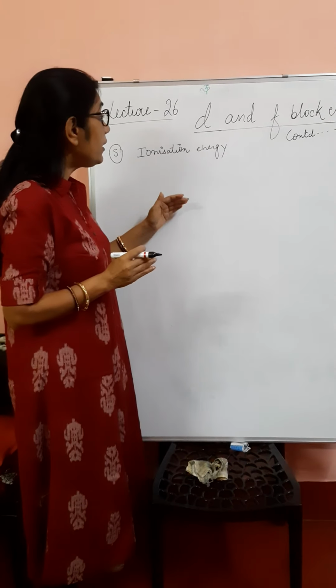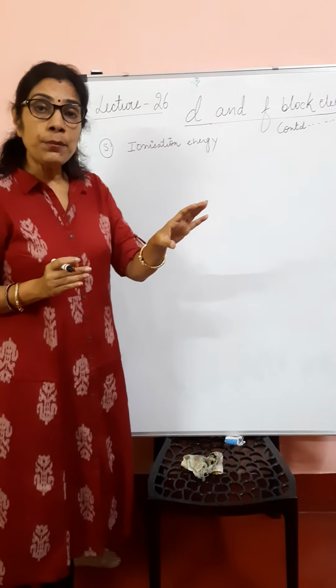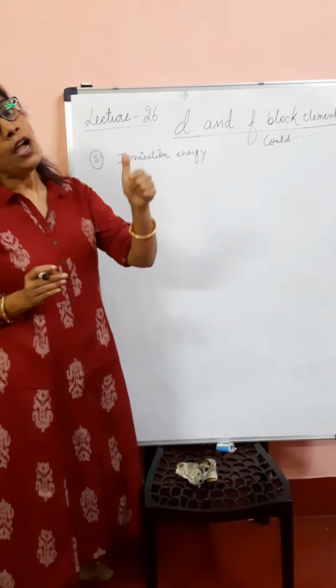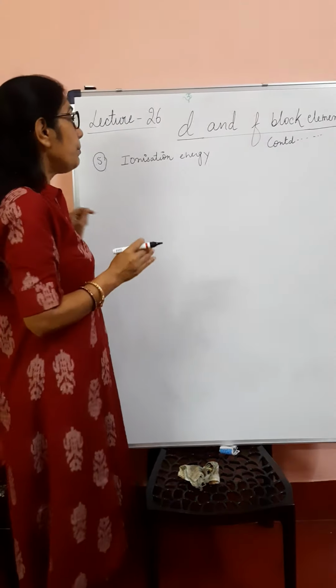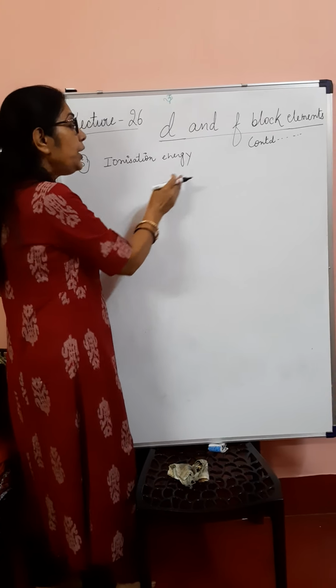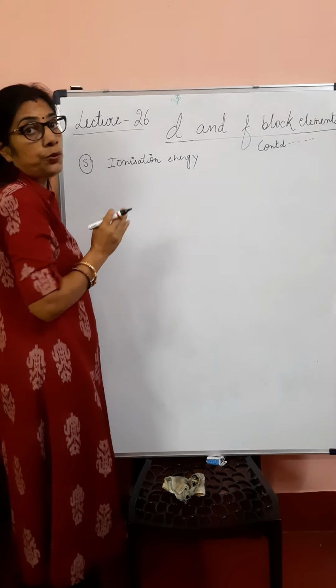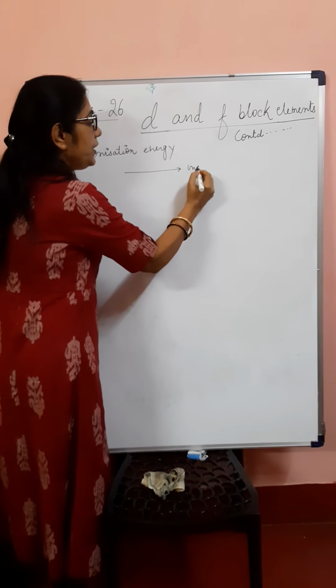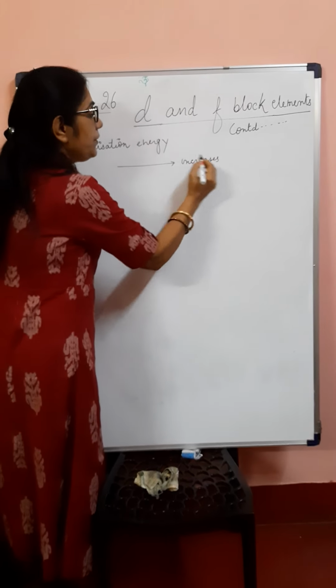D block elements, their first ionization energy lies between S block and P block elements. So naturally, as compared to S block elements, they are less electropositive and they will have high ionization energy, but as compared to P block elements, they are more electropositive because across the period ionization energy increases.